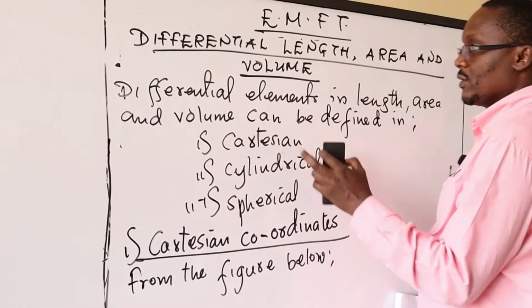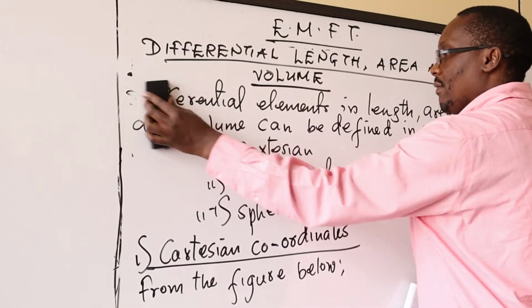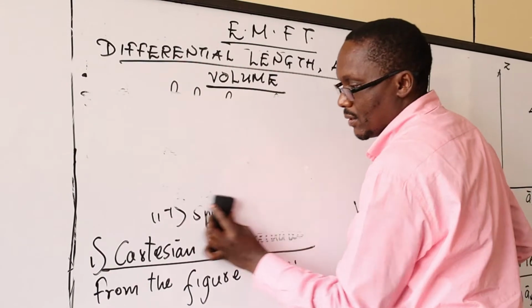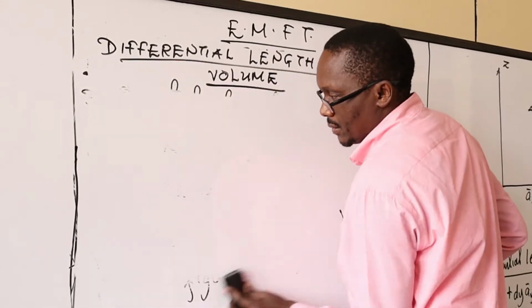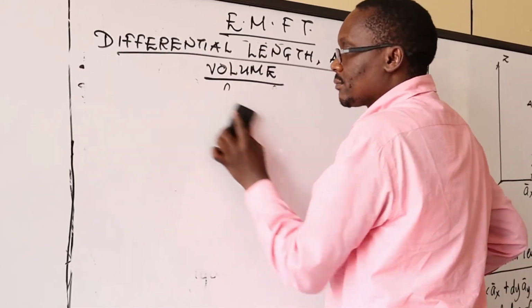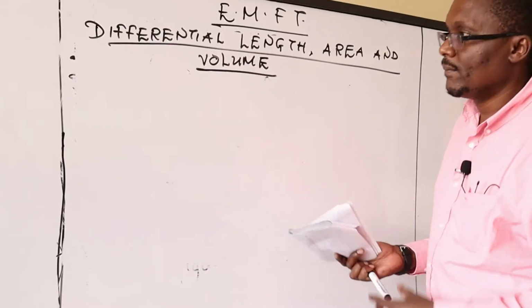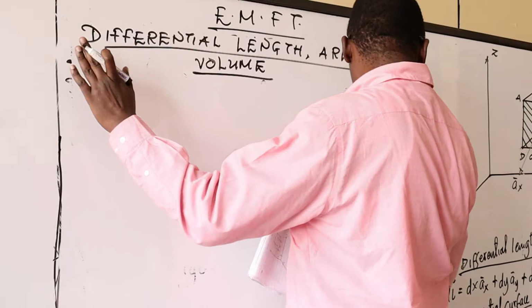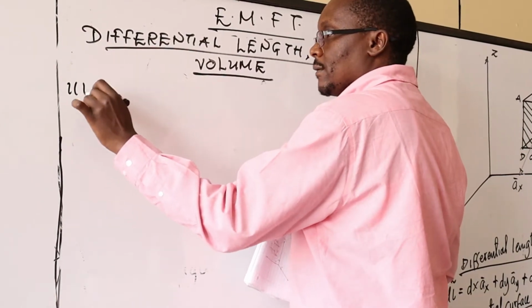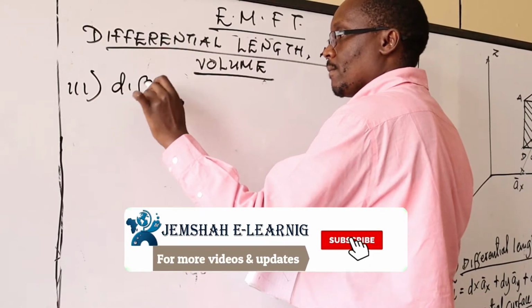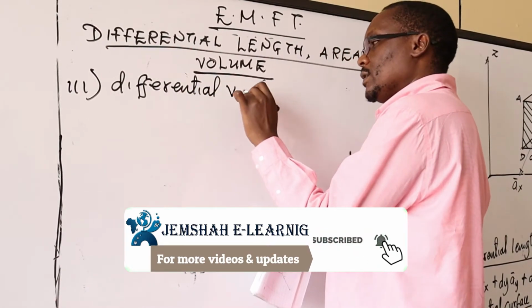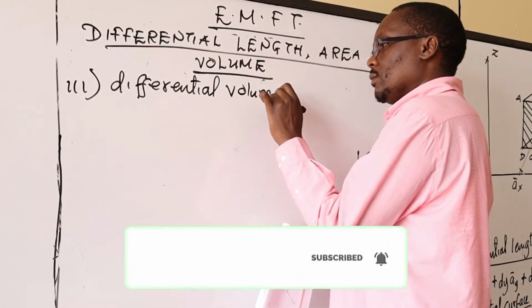Then next is the volume, because we are talking of differential length, surface, and volume. The third one, differential volume.